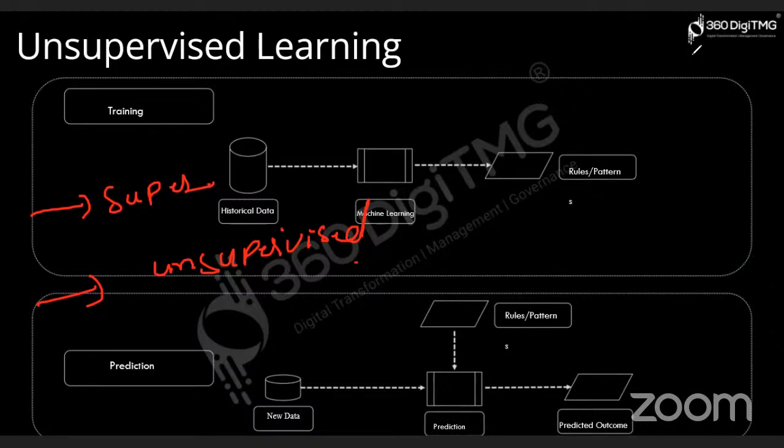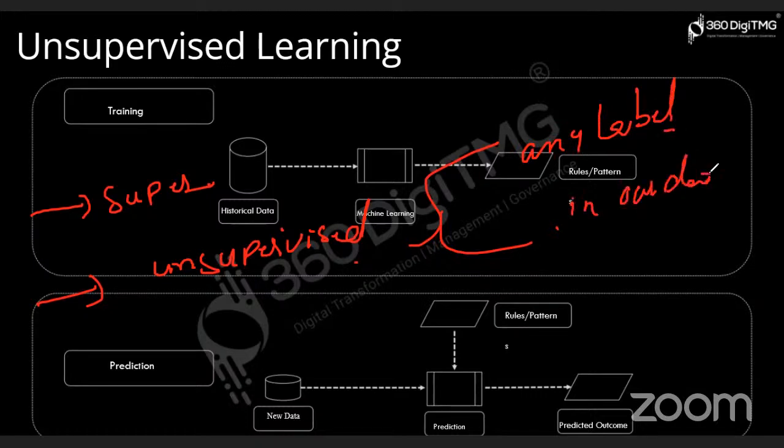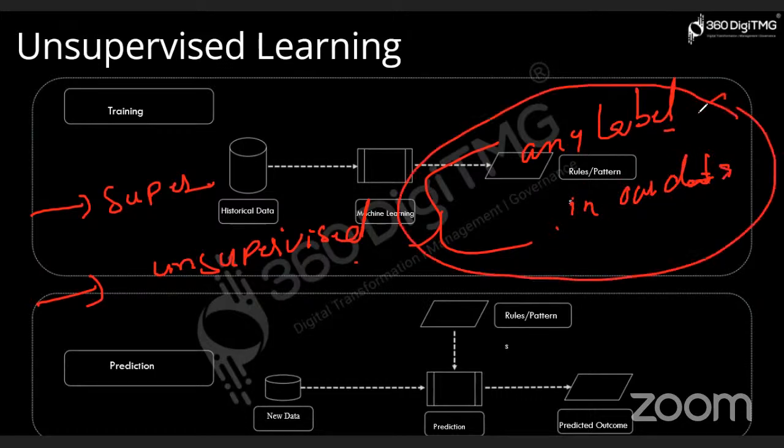What happens in unsupervised? We won't be having any labels in our data. In that case, we have to go for segregation or clustering.